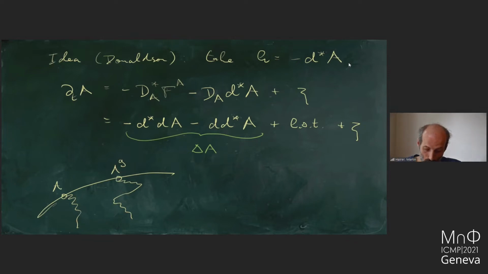But what you can hope is that if you project onto the equivalence classes, down onto the space of gauge orbits, then they are the same in law. That's the property you would want, which would give you a Markov process on the space of gauge orbits.